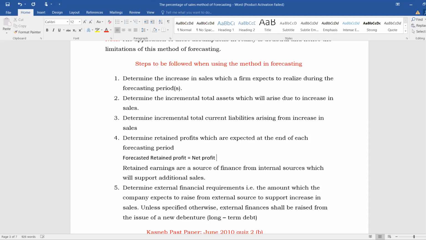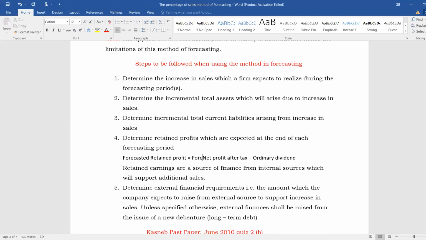Net profit after tax, deduct ordinary dividend, of course forecasted. Deduct ordinary dividend. Of course, this is forecasted net profit after tax.